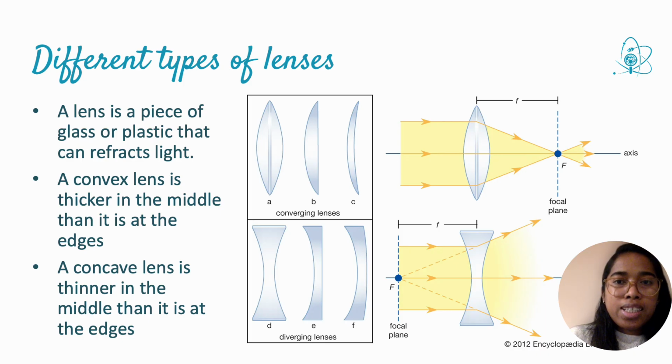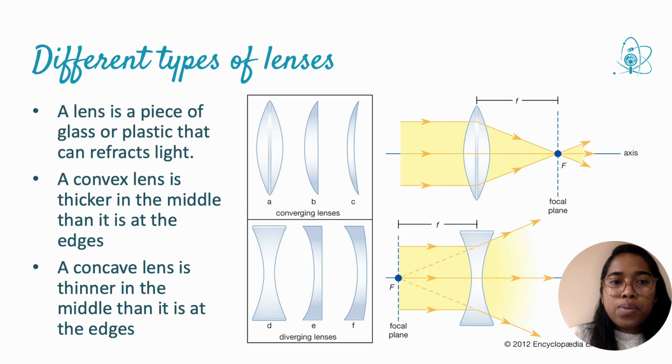A convex lens is curved such that it is thicker in the middle and thin at the edges. This causes light to bend to a focal point when parallel light rays are incident on its surface and get refracted, while a concave lens is thin in the middle and thick at the edges.